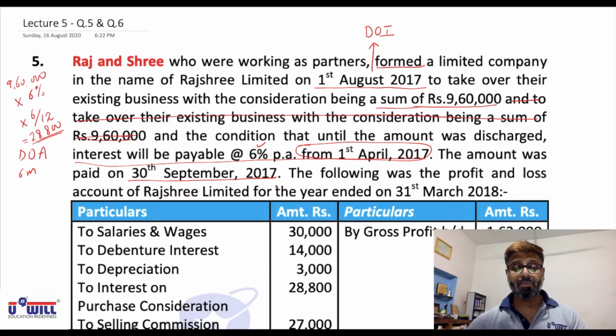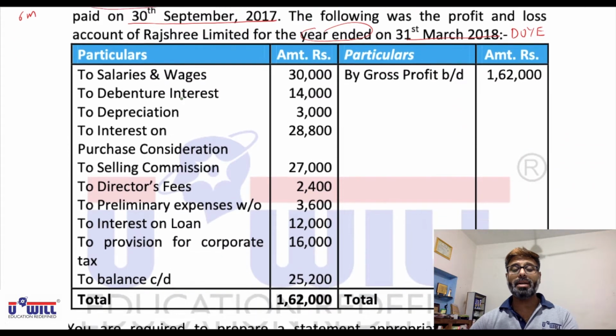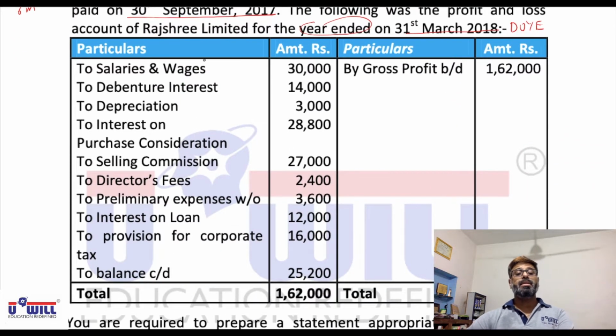The following was the profit and loss account of Rajshri Limited for the year ended on 31st March 2018, that is the date of year ending. Now in the profit and loss statement, we'll do the markings in green letters, and blue letters for the basis: time, sales or actual.